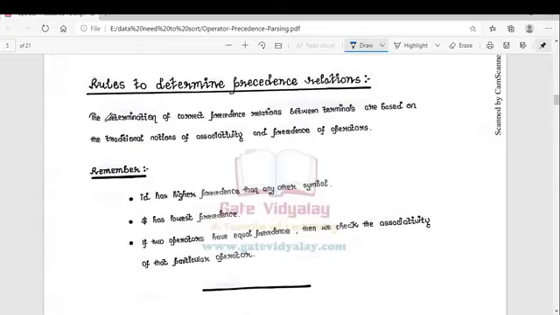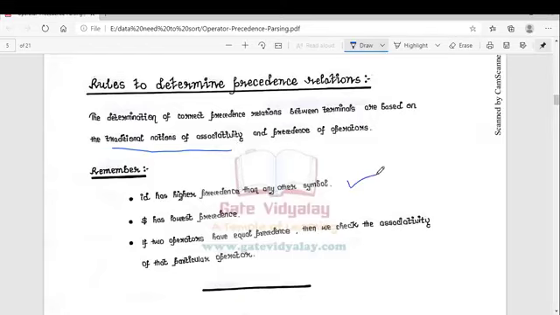The determination of correct precedence relations between terminals is based on the traditional notions of associativity and precedence of operators. If we have to find out which operator has higher precedence, we take our traditional notions, in which id has higher precedence than any other symbol.